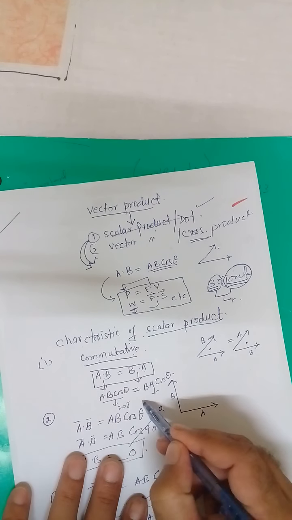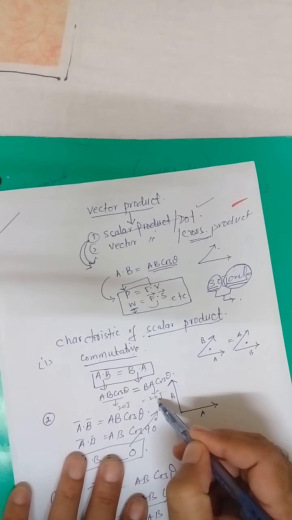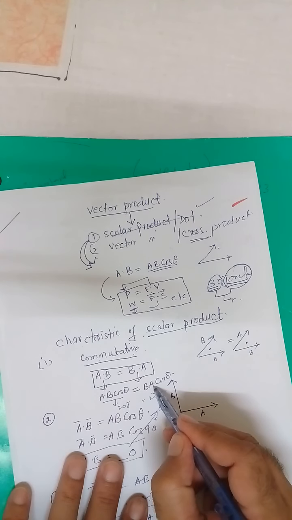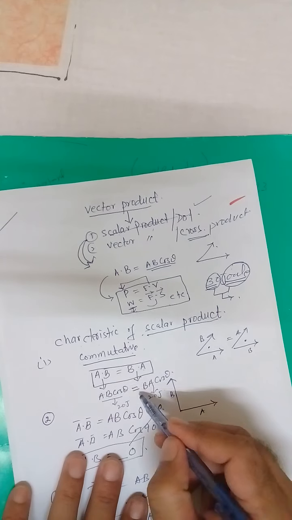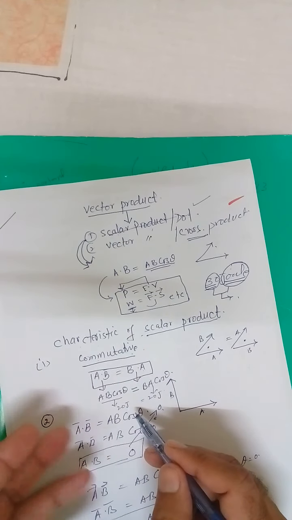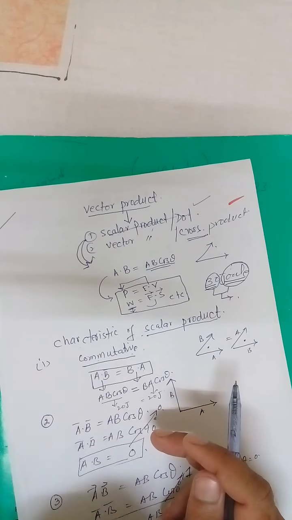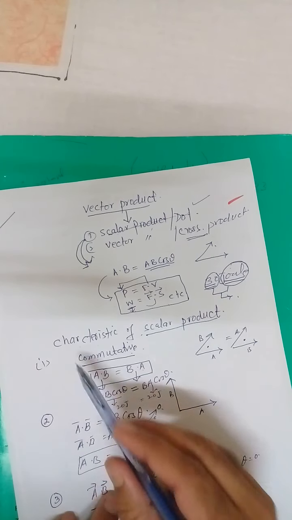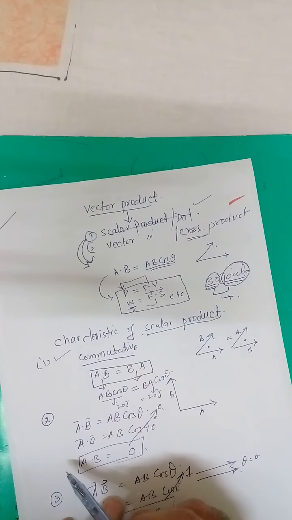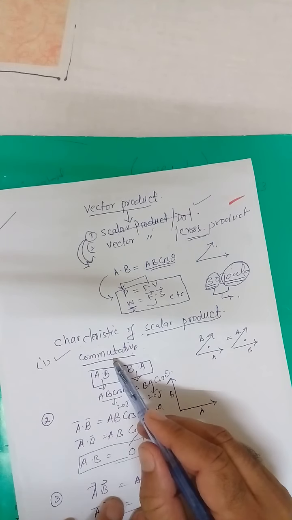Let's say 20 joule is equal to 20 joule. It doesn't matter whether it is AB or BA. In mathematics you have studied commutative property with respect to addition, commutative property with respect to multiplication, etc. So number one is scalar product is commutative.